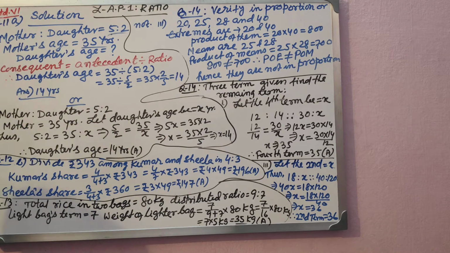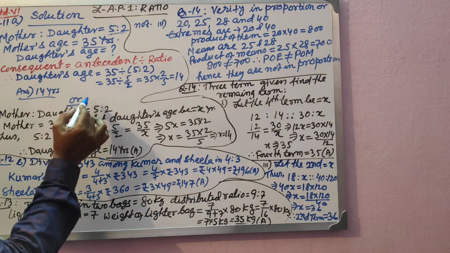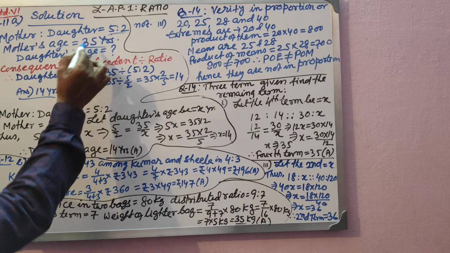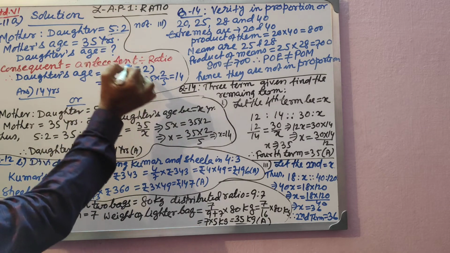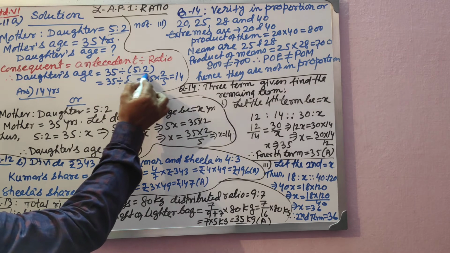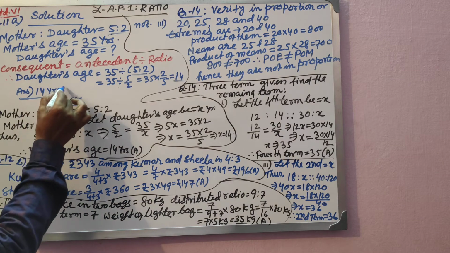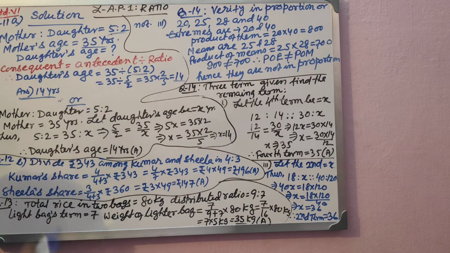Now daughter's age will be what? If you put it in the formula, consequent is equal to antecedent divided by ratio, then daughter's age will be antecedent 35 years divided by the given ratio 5:2. 5:2 means 5/2. So 35 divided by 5/2 is equal to 35 into 2/5, which is equal to 14. Therefore, daughter's age will be 14 years. That is the answer. Understood?